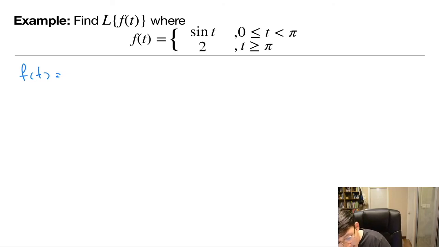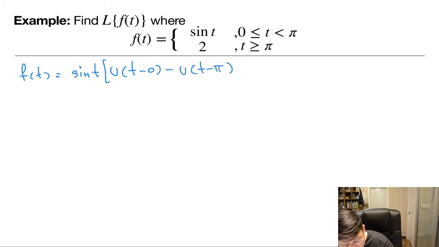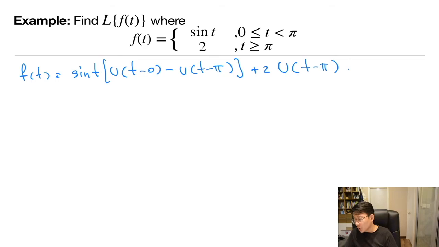So you would get sin t times u(t minus 0) minus u(t minus pi), and then plus 2 u(t minus pi). Okay, that would be what you would have.